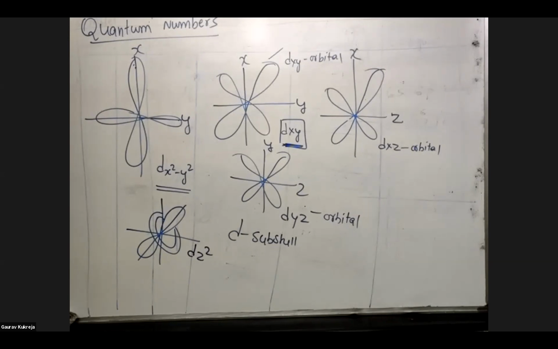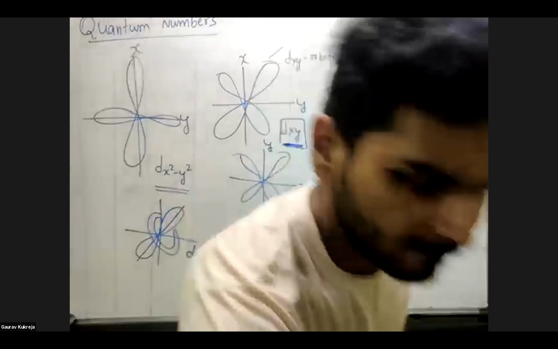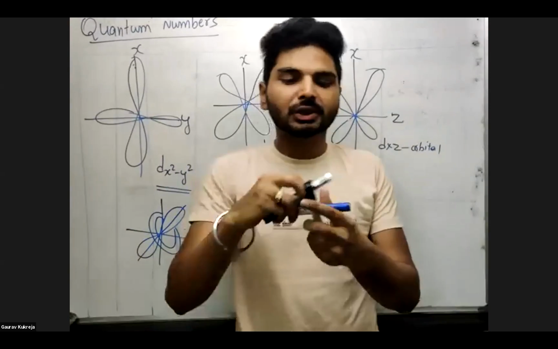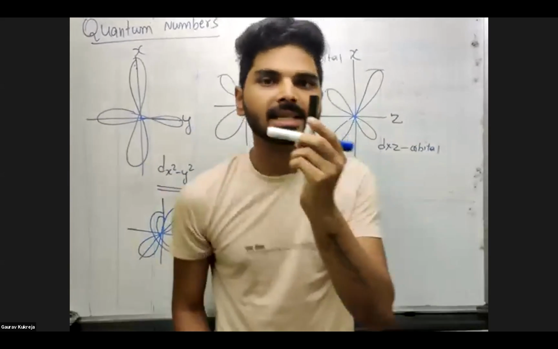Sir, can you re-explain how electrons revolve in dxy? See, electrons revolving in dxy means they are in the dumbbell manner. Again, when I say xy, you literally go with the shape. That's the problem here.